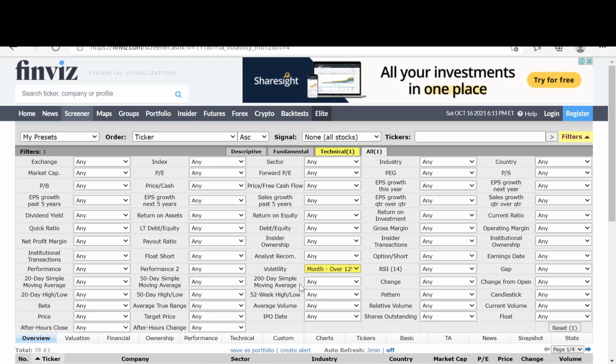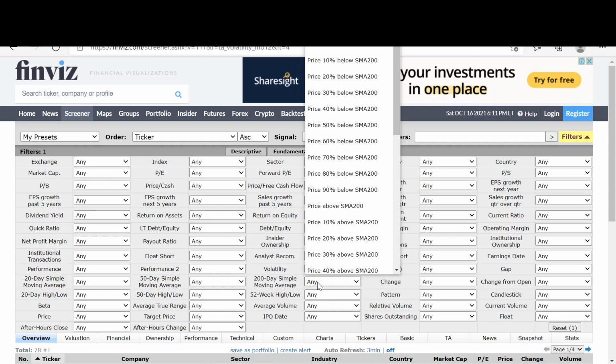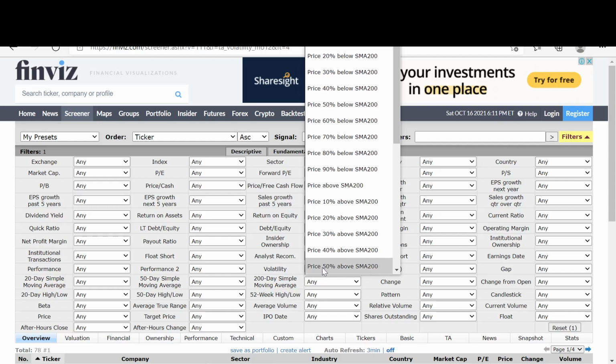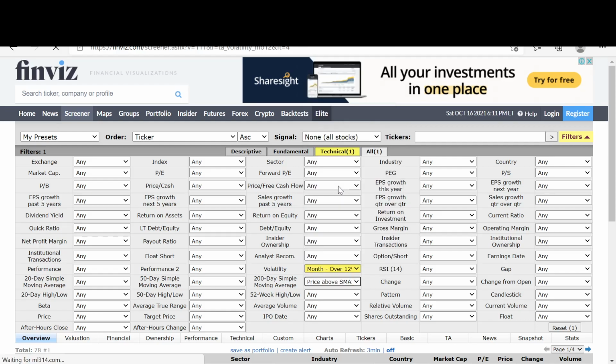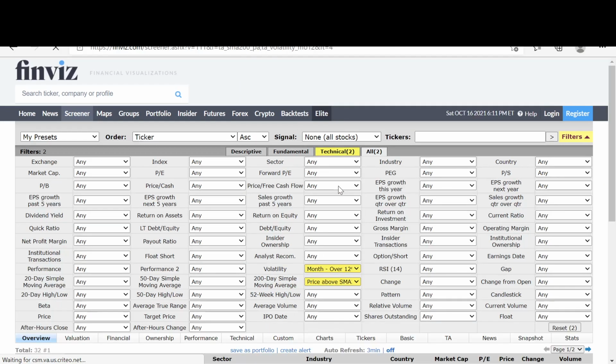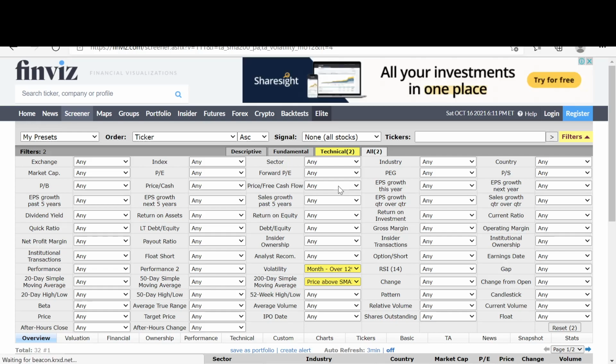But this makes it super easy for beginners. So set price above SMA 200. If the stock's above the SMA 200, the longer term trend is bullish. Super simple tip for beginners right there.